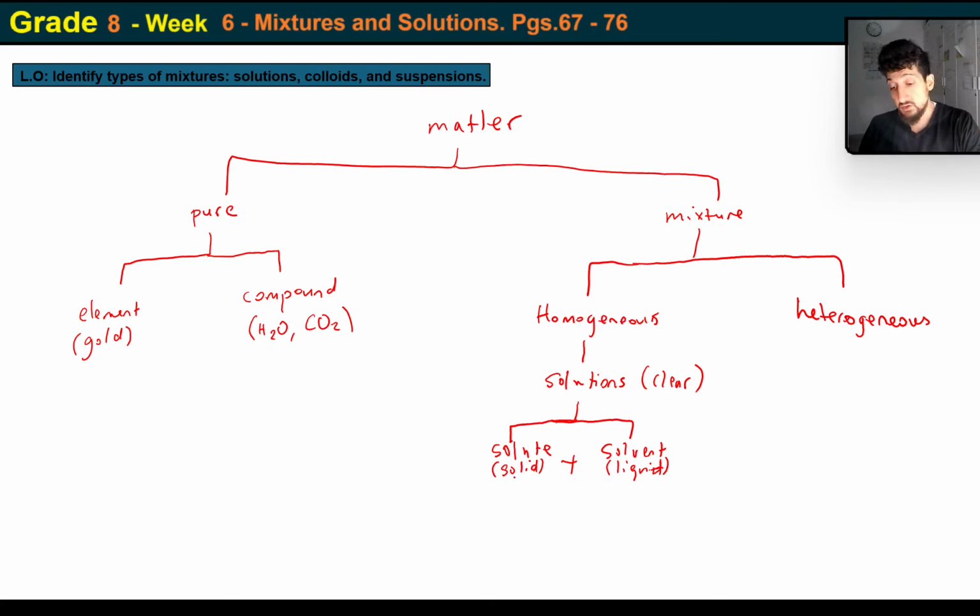And solutions, so solute, solvent, and they can either be molecular, which is another word for covalent, sorry about my handwriting, it's so hard to write on glass, or ionic. Okay? Things like salt. Well, that's like sugar.